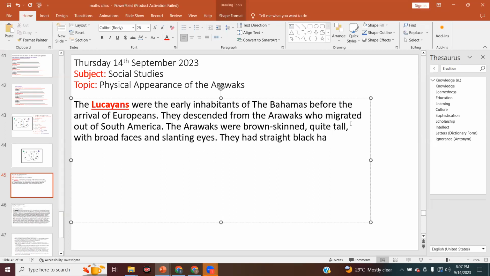And they have straight black hair, and they sometimes would cut it in a cutting basin.